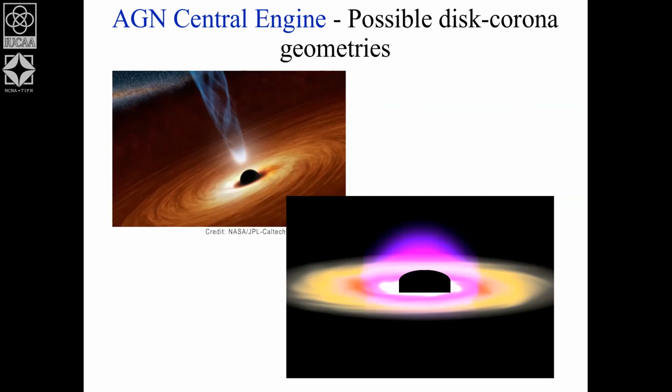Even in this case, the photons from the accretion disk will interact with the hot corona and give rise to X-ray radiation. So these are some of the possible geometries, and a lot of research is still going on to understand the innermost regions in the immediate vicinity of the supermassive black hole.